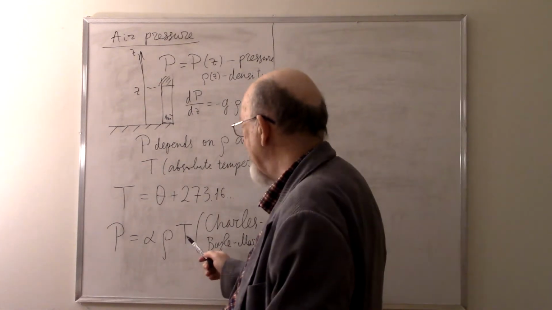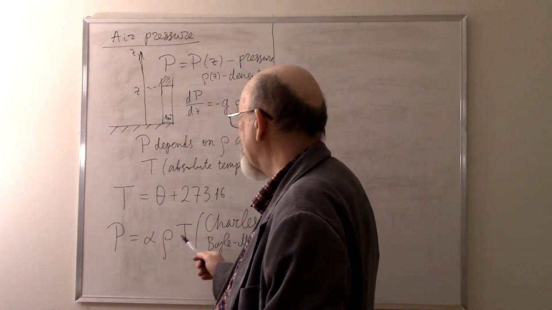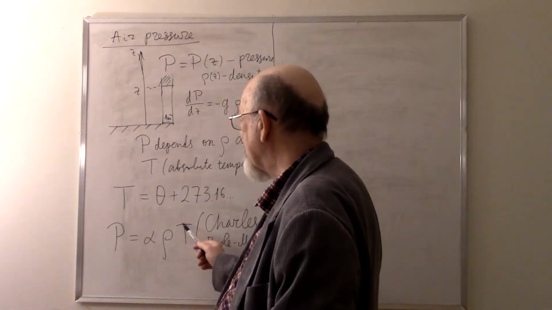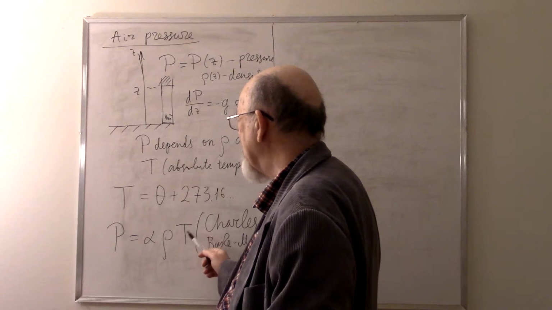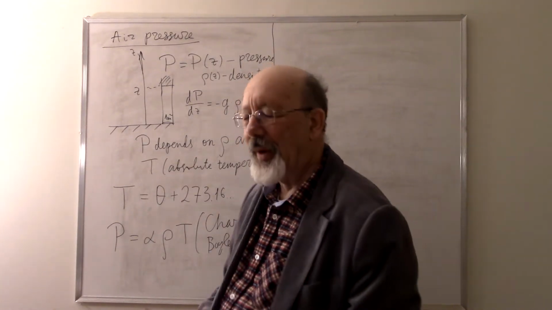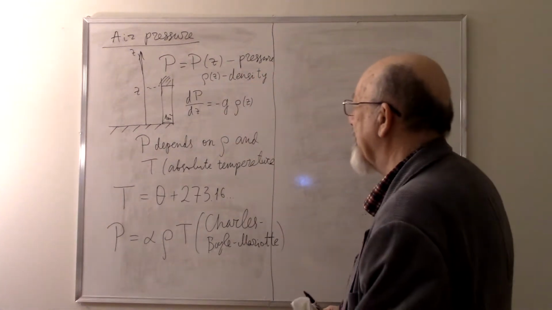Charles is that pressure is proportional to absolute temperature, and Boyle-Mariotte that for a constant absolute temperature it is proportional to density.